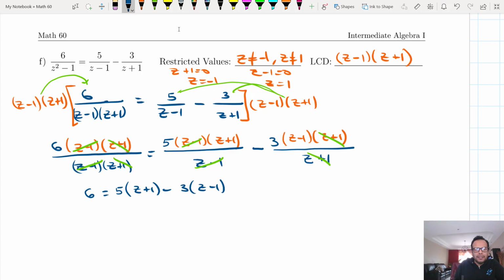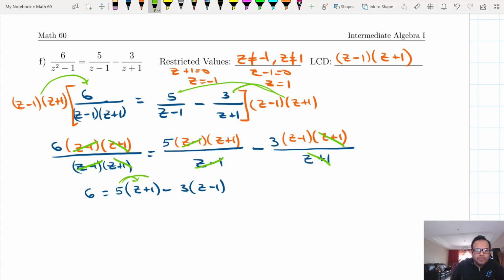So notice this equation that I'm highlighting right here doesn't have any denominators, and that's because we used the correct least common denominator to divide out all denominators, right? So let's keep going and solve this equation.